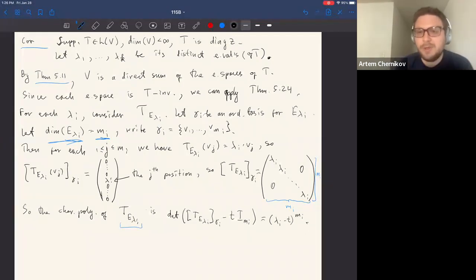And now we can use Theorem 5.24, which tells us that the characteristic polynomial of T itself is just the product of this over all eigenspaces, right?